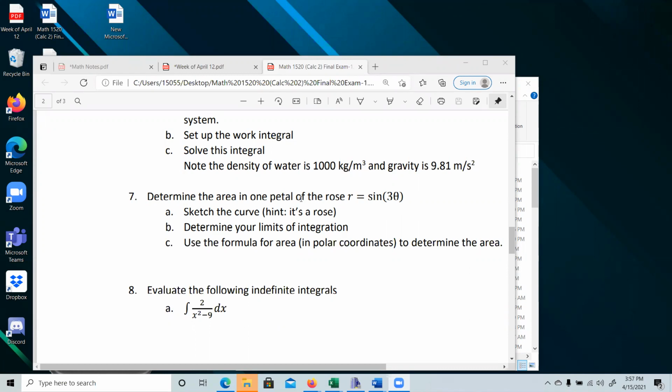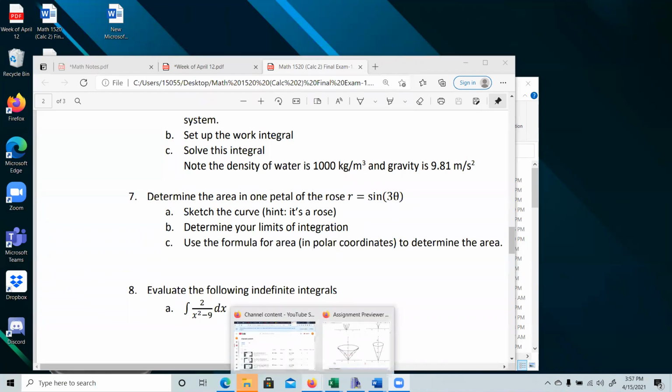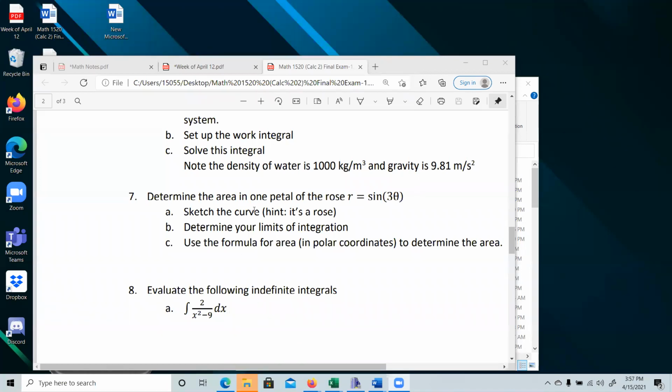I'll usually pose the question something like that. I'm not expecting you to know limaçons versus lemniscates. You don't have to do a lot of that, because you're going to graph it anyway, since it says sketch the curve. Hint, it's a rose. Determine your limits of integration, because that's really the whole point here.